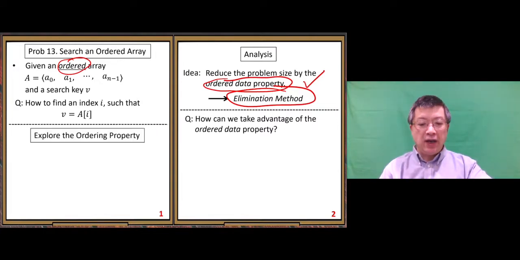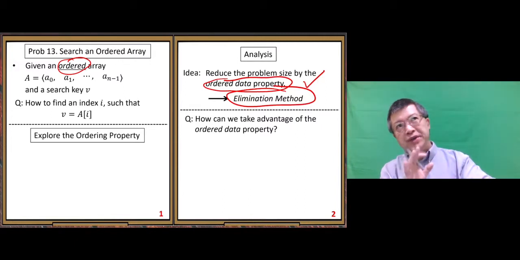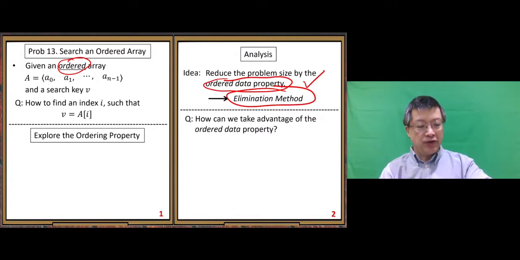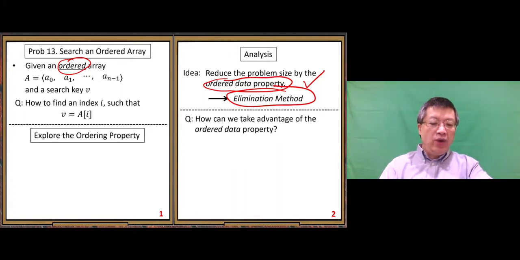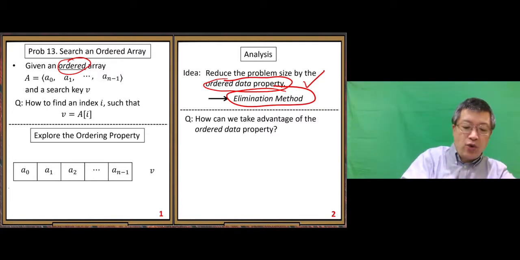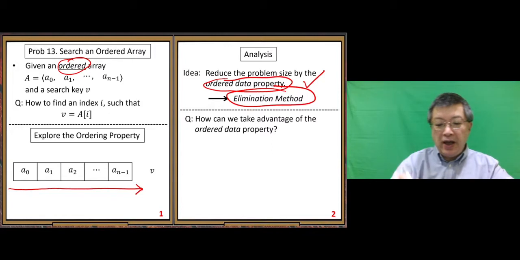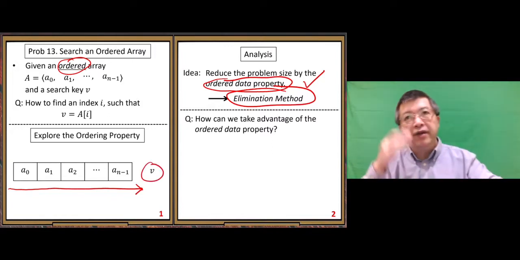Now, let me draw a diagram, so we try to get some good visualization on this problem. We want to explore the ordering property. Here, let us assume the array is sorted in ascending order. And we are given a key V here.